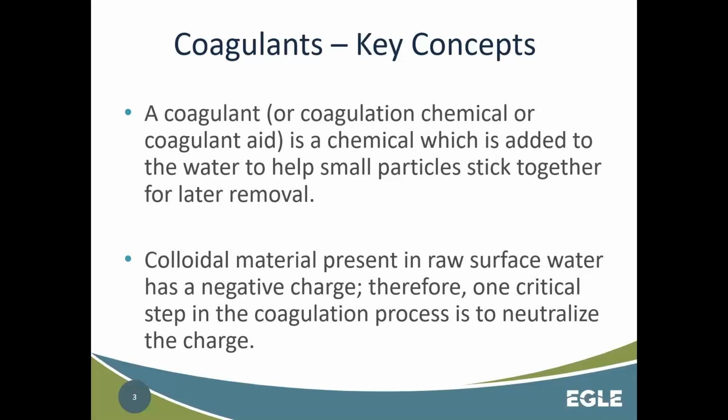Therefore, one critical step in the coagulation process is to neutralize these charges. Again, you probably remember if you attended last week's presentation, but the primary coagulants are going to have strong positive charges to help neutralize those negative charges. There are some polymers that are either also negatively charged or have no charge themselves. Those can be fed as a coagulant aid, but they can't be fed as a primary coagulant.